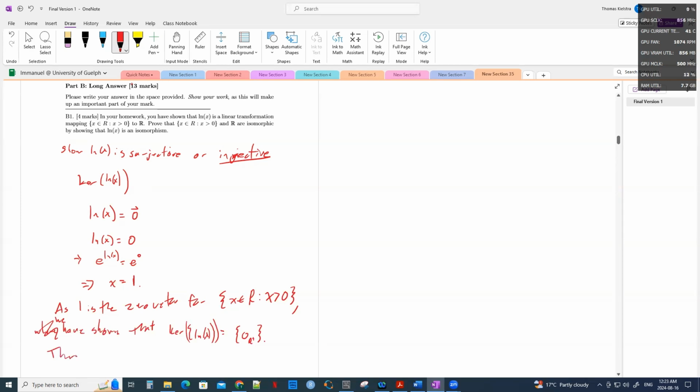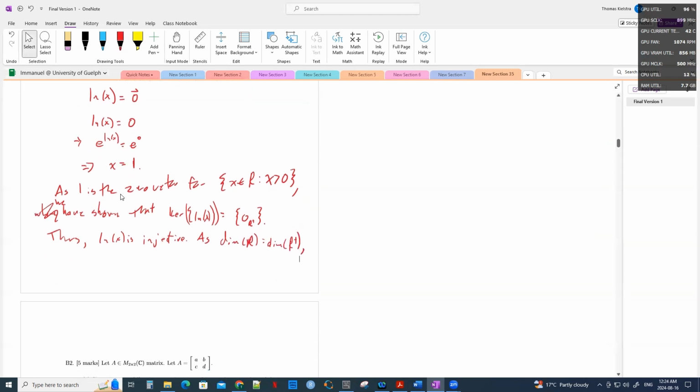Thus, ln of x is injective as the dimension of R equals the dimension of R plus. This implies that ln of x is an isomorphism.